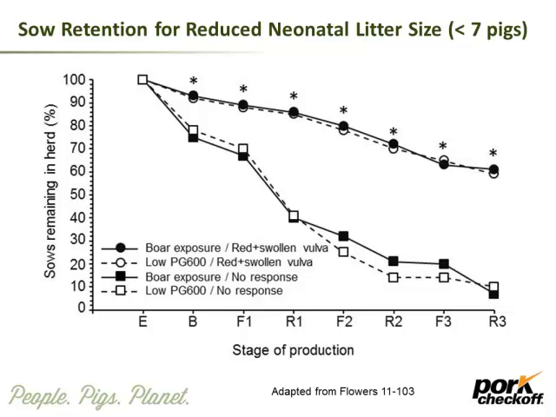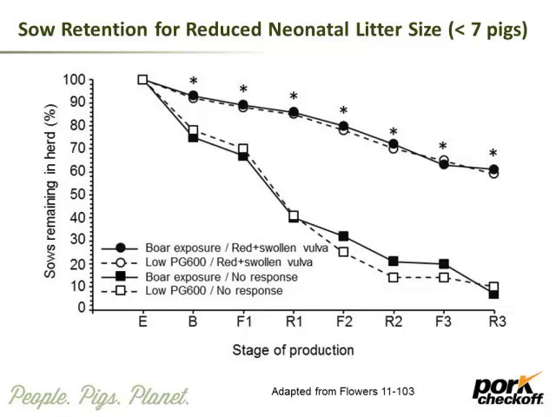He took females that, again, were from a litter of less than 7 piglets, and when they were entered into the herd, he either exposed them to boars or gave them a low dose of PG600. The low dose of PG600 shows up in either the open circle or the open box. And then he looked at response, and he judged response based on the redness and swelling of the vulva.